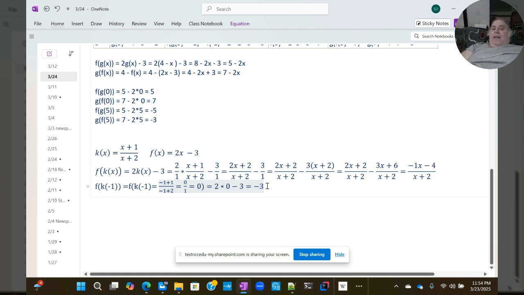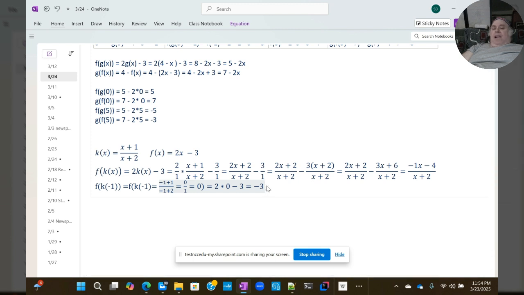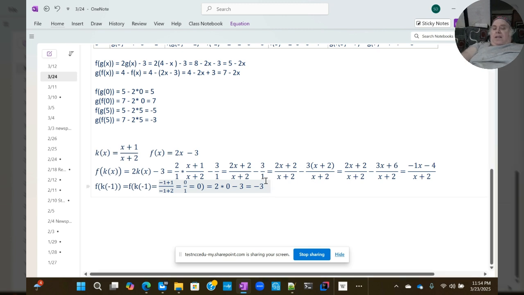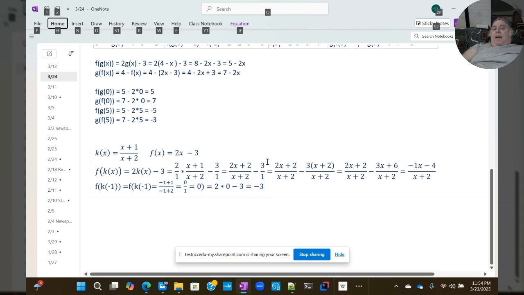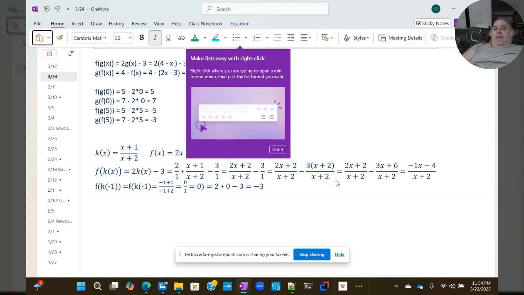So that's what f of k of minus 1 should be: minus 3. Now, let's plug into this formula. That's what it is if we plug minus 1 into this formula straight.